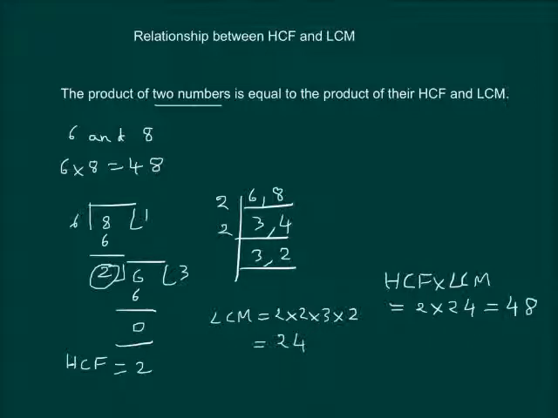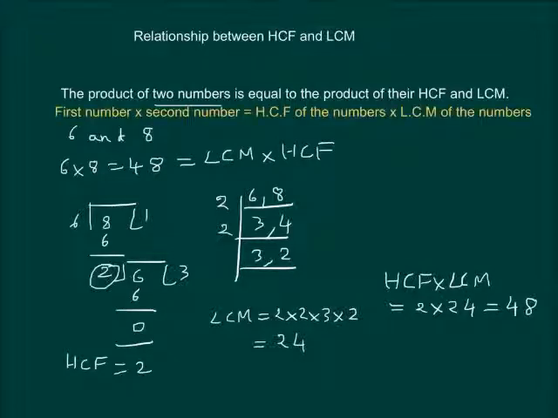So we can say that 6 into 8 is equal to 48, which is equal to product of their LCM into HCF. That is, we have proved that first number into second number is equal to HCF of the numbers into LCM of the numbers.